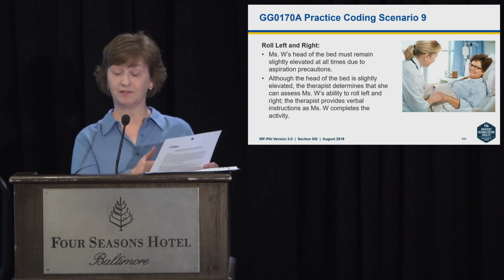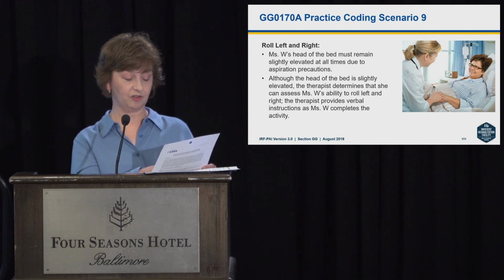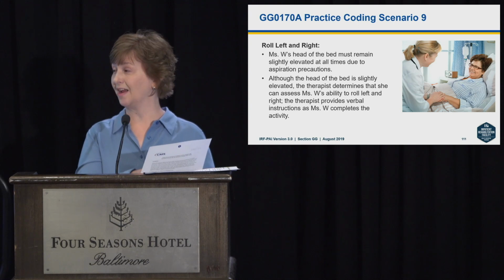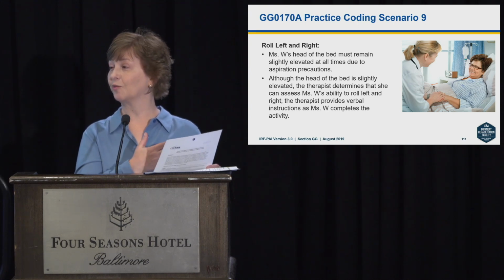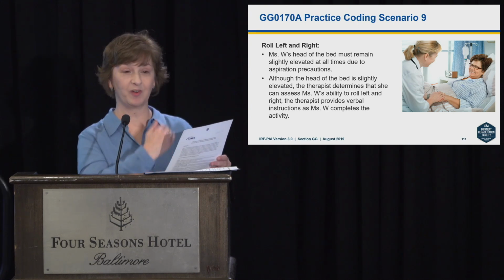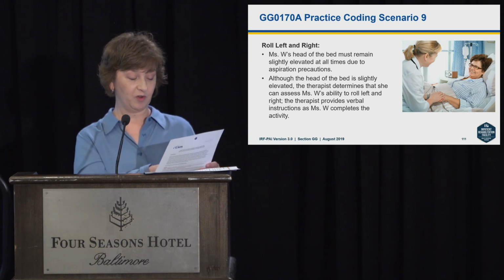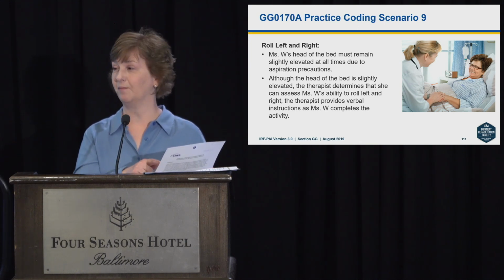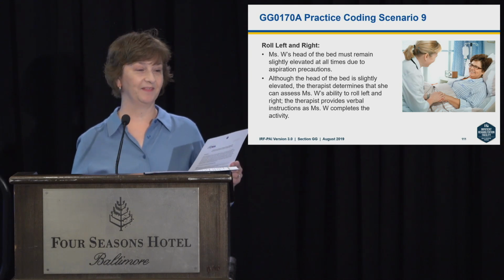So then we would go down to the next question on the decision tree. Does the patient need only setup or cleanup assistance from one helper? Or she needs more? She needs more, yes. So we go down to the next question, which basically says, does the patient need only verbal or nonverbal cueing or steadying or touching assistance or contact guard assistance from one helper? What do you think? Are we there?